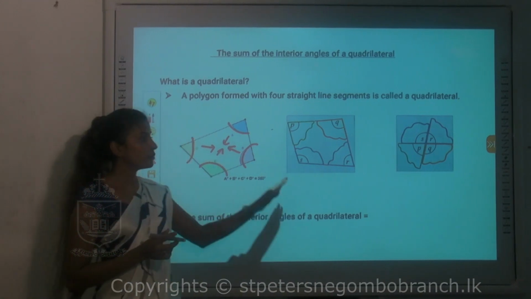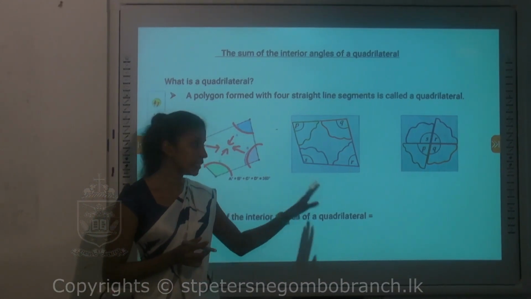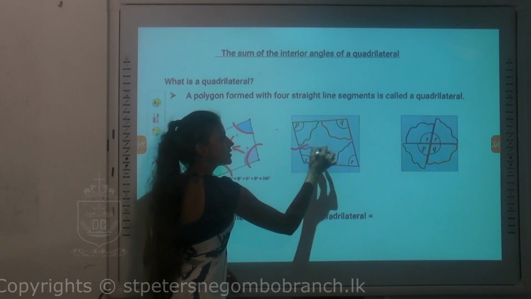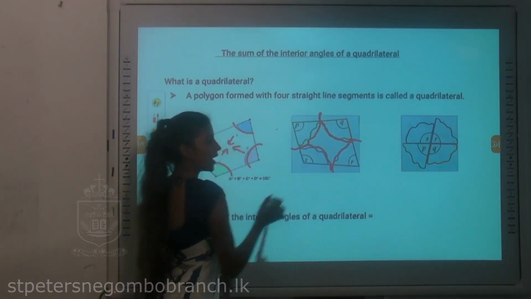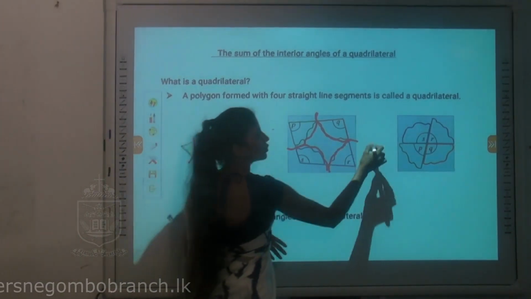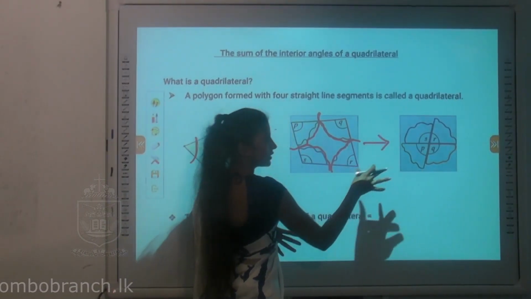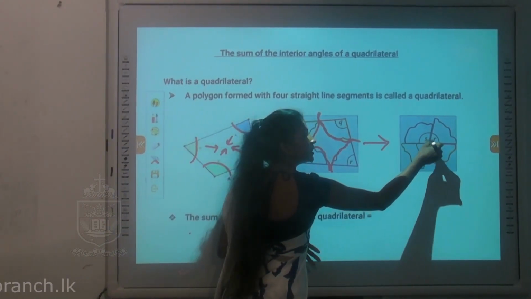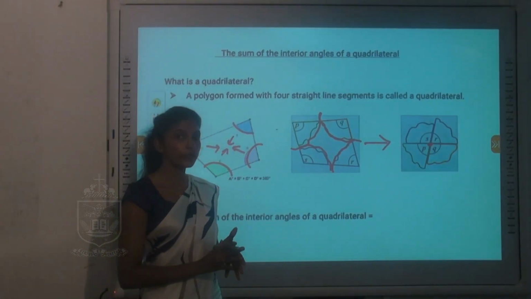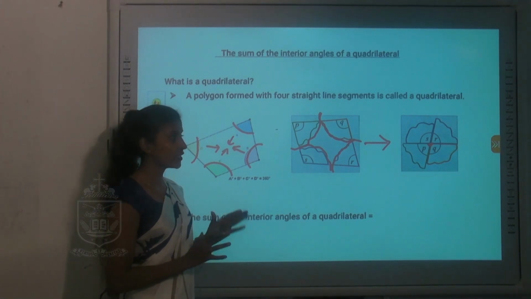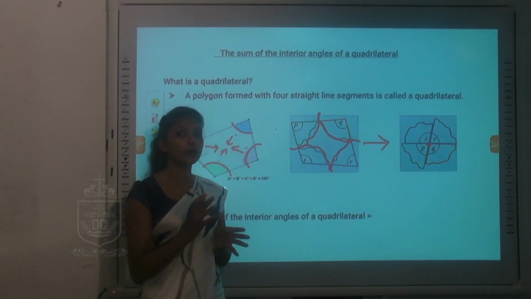So you all can perform the same activity by selecting any quadrilateral, and you all can separate out the four angles like this, and then you are going to paste it like this around a vertex. Once you align all four angles, you should paste it without overlapping.